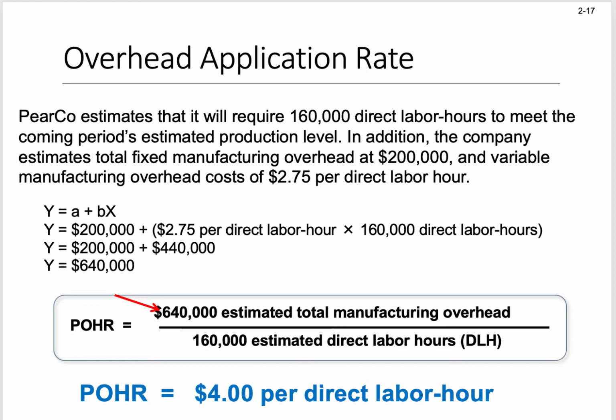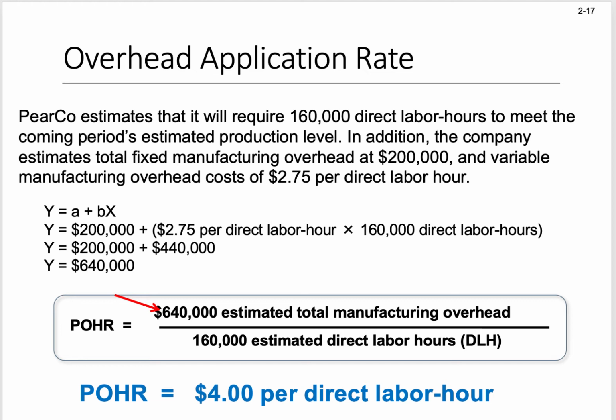What's the denominator? It's 160,000 direct labor hours. Our fixed expenses are $200,000. They already told us the variable manufacturing overhead cost of $2.75 per direct labor hour. So just by reading the problem, we got steps 1, 2, and 3, or my version was 1, 2A, 2B.